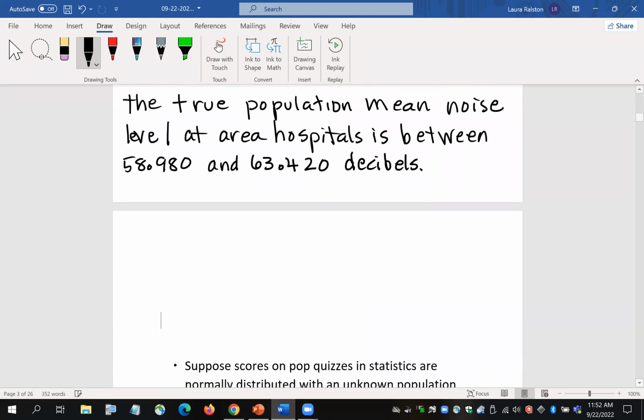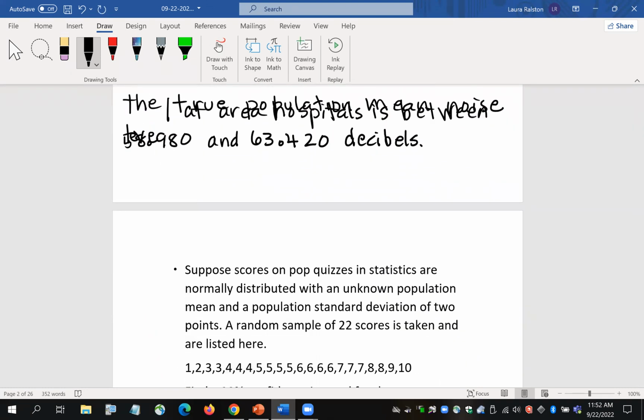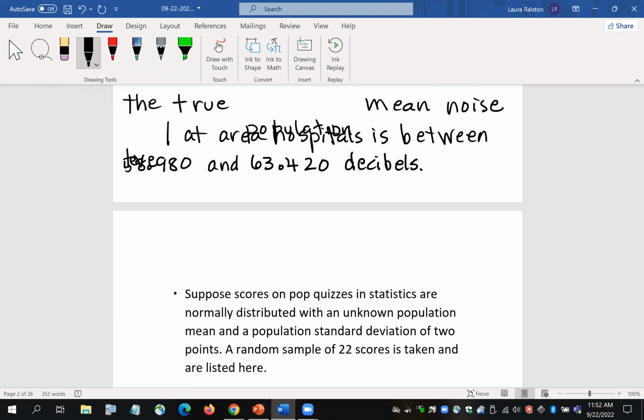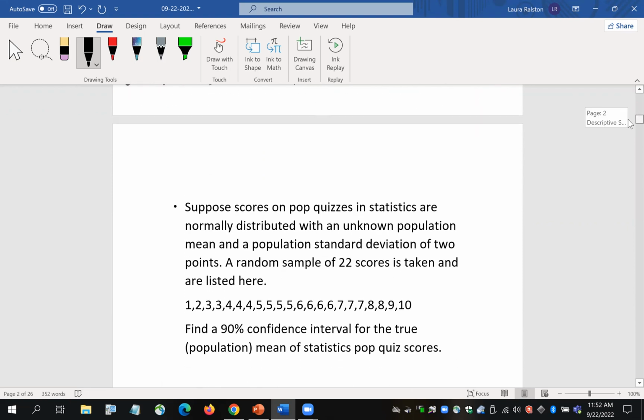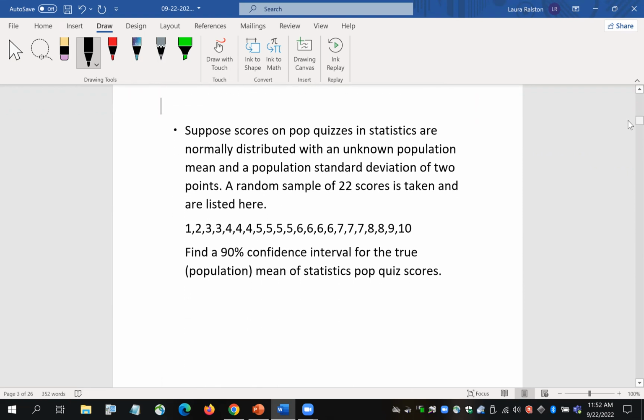All right, now let's look at an example where you have the raw data. Instead of having the data summarized for you, you have the raw data. So it's the same idea. We're still trying to create a confidence interval.